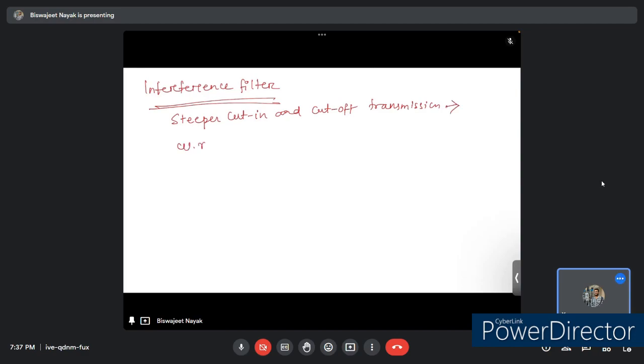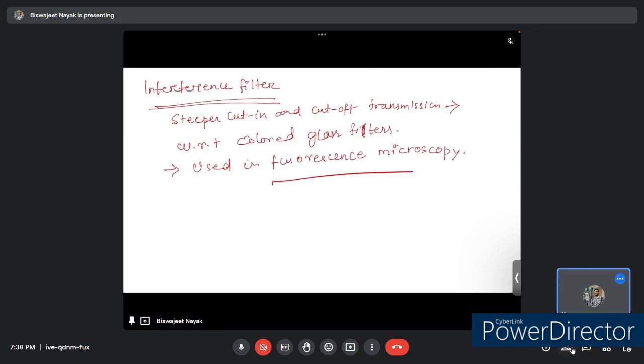With respect to colored glass filters. So that's why it is very helpful in fluorescence microscopy. Here we get sharply defined bandwidths.